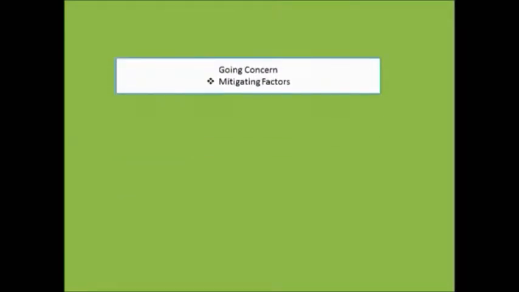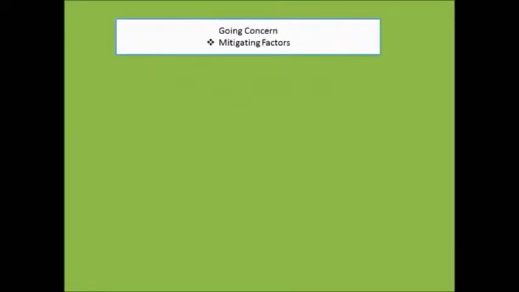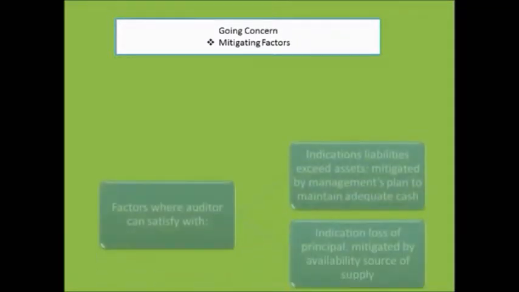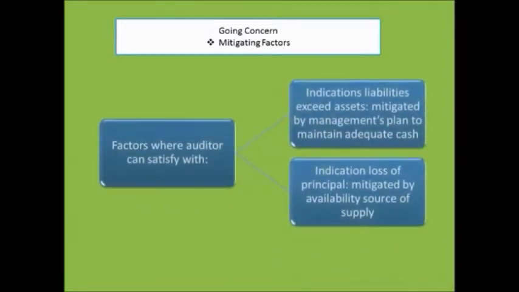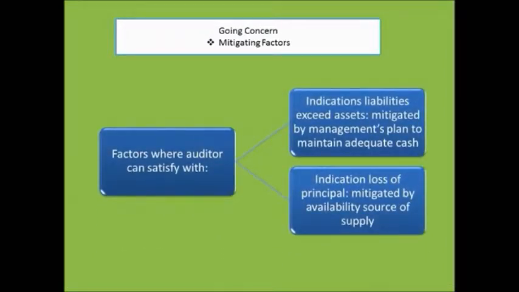In terms of mitigating factors, there are two factors with which the auditor can be satisfied. One is the indication that liabilities exceed assets, which is mitigated by management's plan to maintain adequate cash. Another is the indication of loss of a principal supplier, which is mitigated by availability of another source of supply.